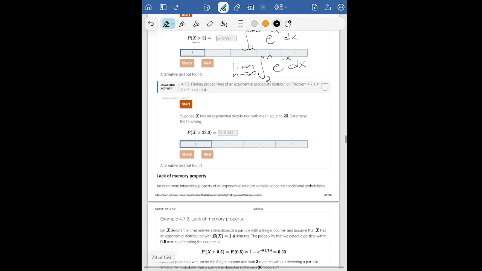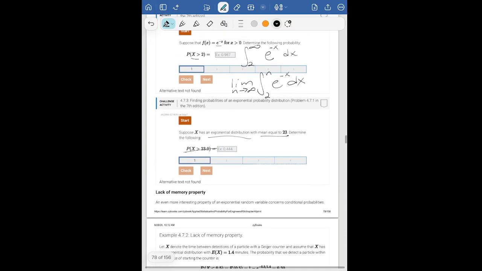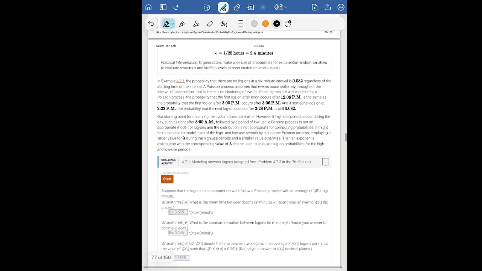All right. And we have other examples where, as long as you got your distribution, and they actually tell you the mean is equal to 23, you can find something like this, even though they don't give the explicit function. We know that the exponential distribution has the same form.